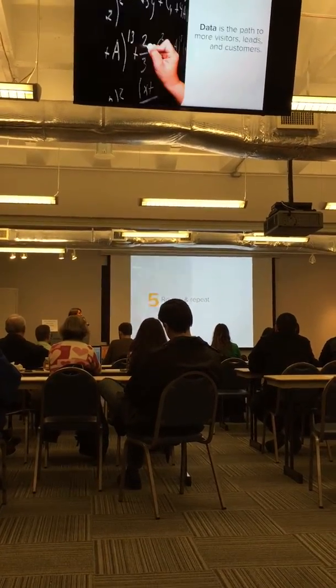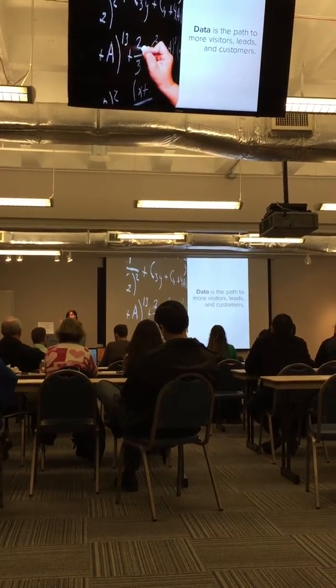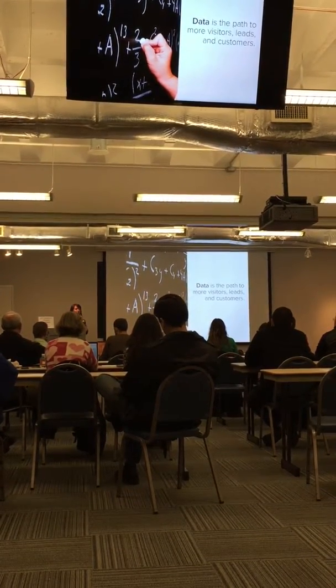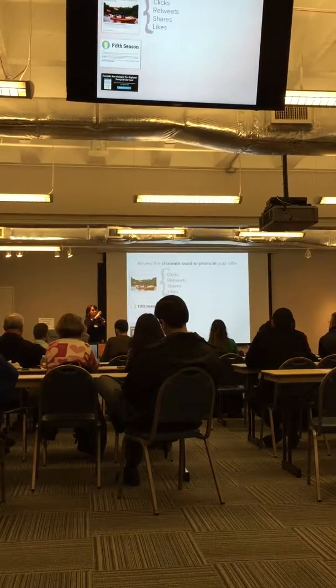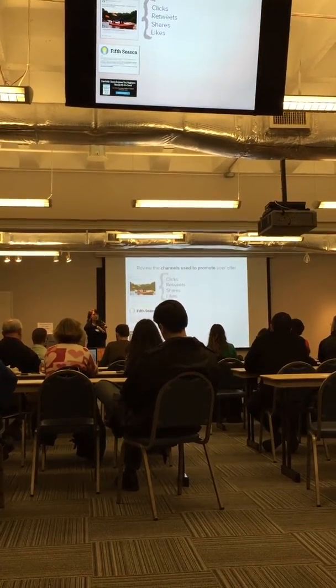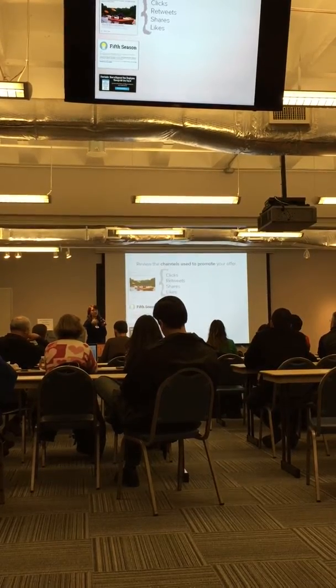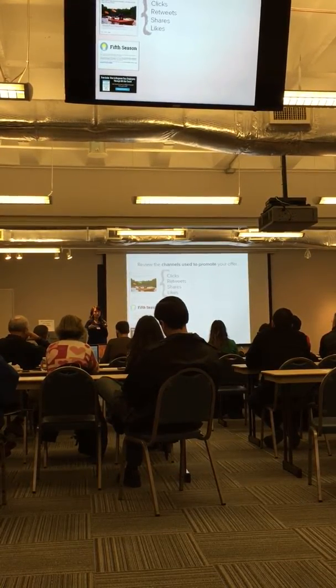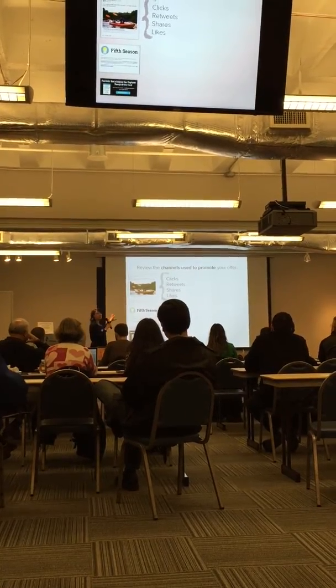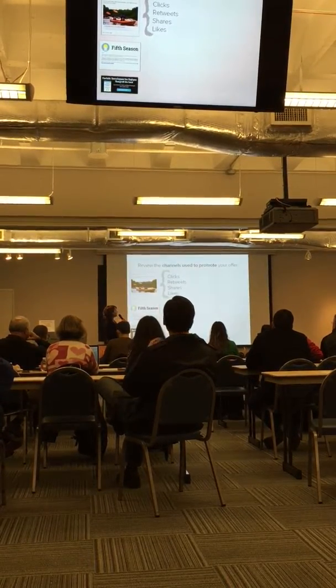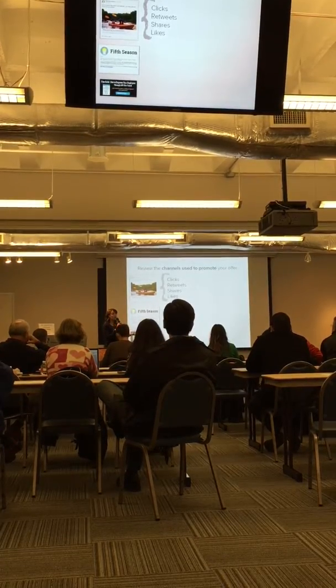And the last process here is just reviewing how everything went and repeating, because a lot of these different channels have indicators that let you know how successful they were at getting people from point A to point B, right? So in the example of social, you're looking at things like clicks and retweets and shares and likes.